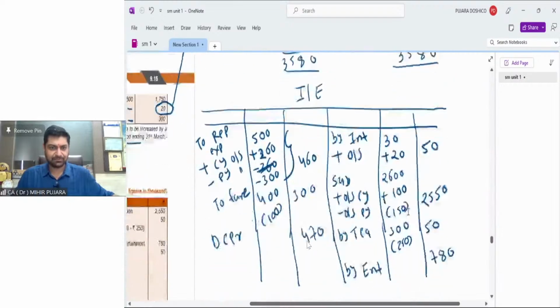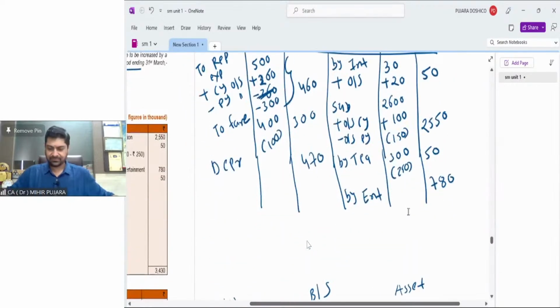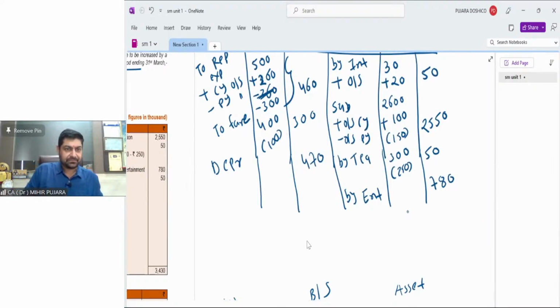Simply what you can do, groundman fees, that is given you 300, plus outstanding bonus.